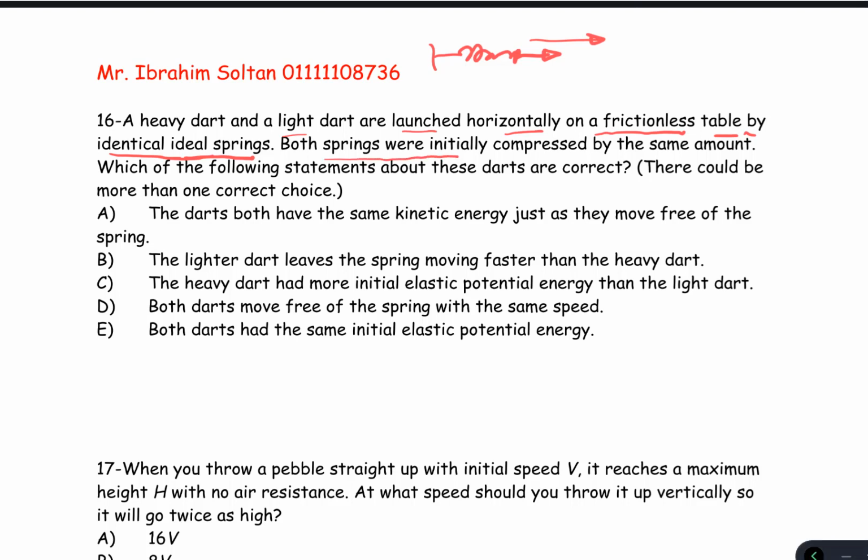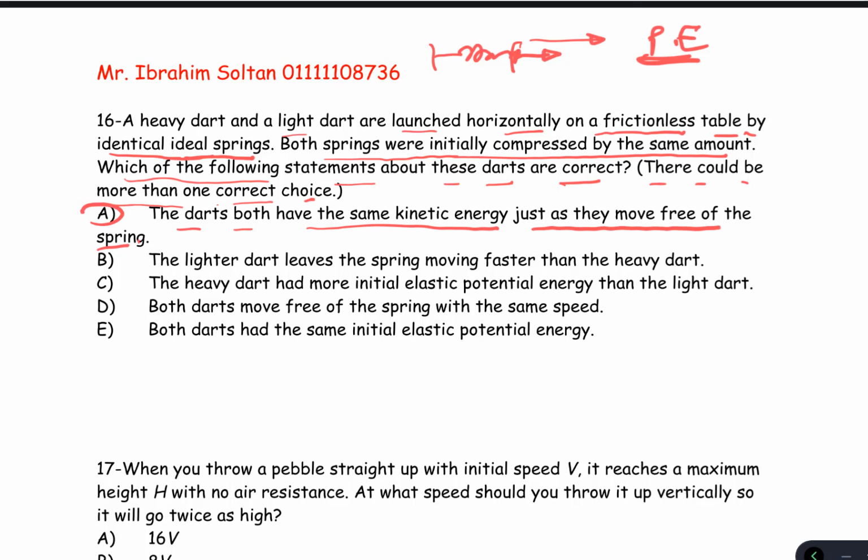Both springs were initially compressed by the same amount, so same potential energy stored in the spring. Which of the following statements about these darts are correct? There could be more than one correct choice. Let's see the first one. The darts both have the same kinetic energy just as they move free of the spring. Sure.